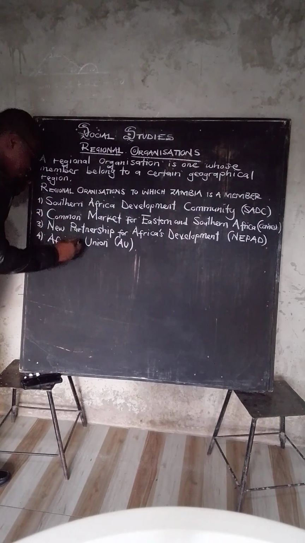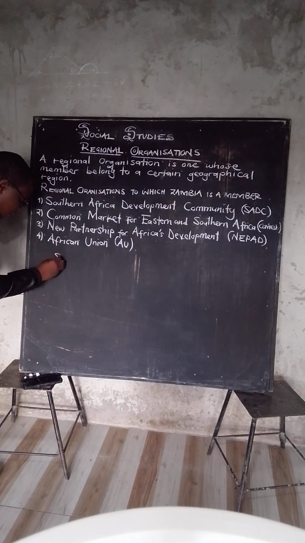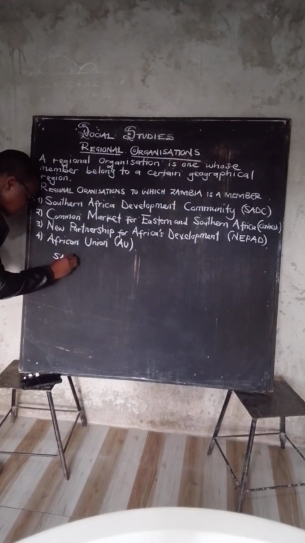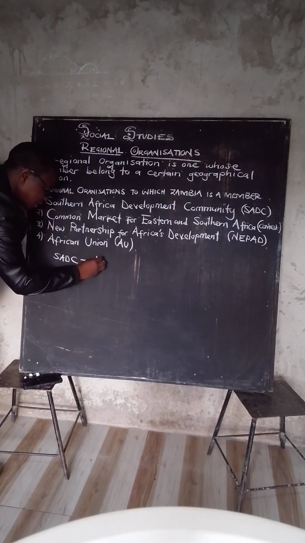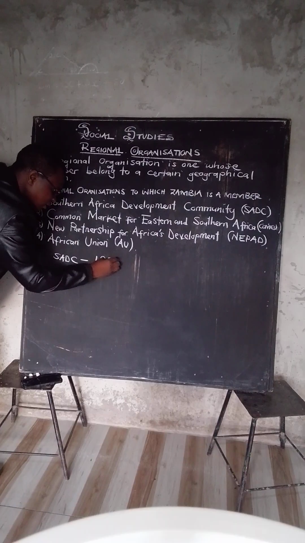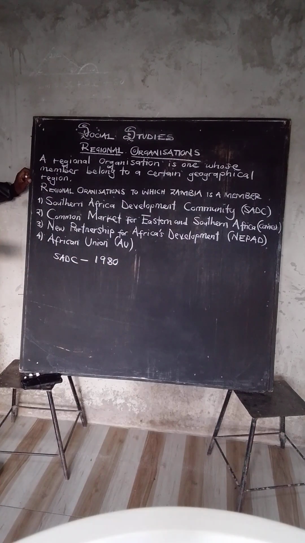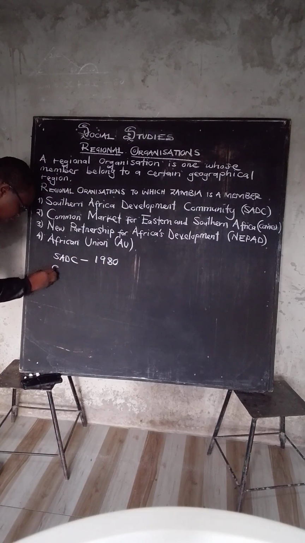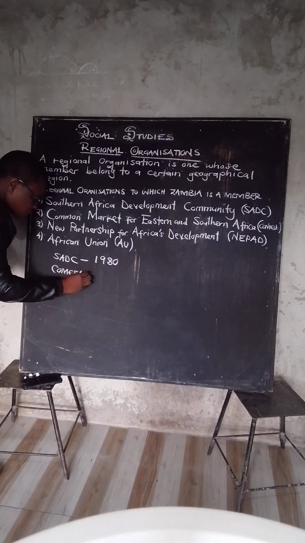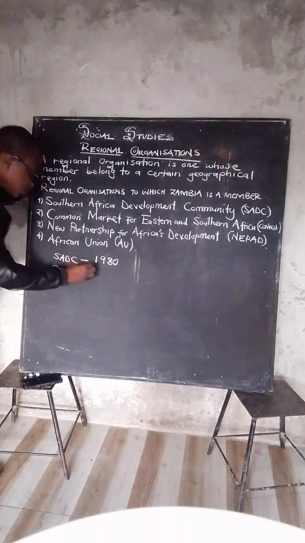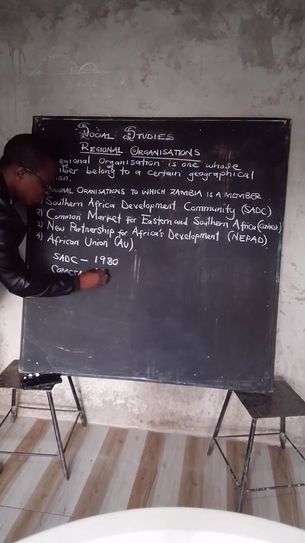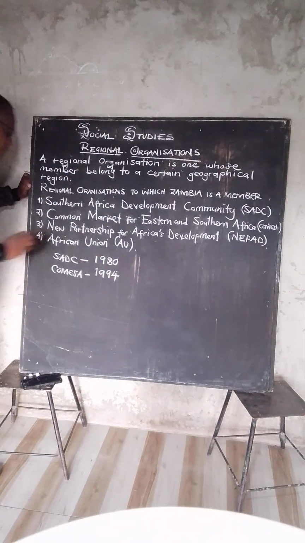Number 1, we have SADC. SADC was formed in 1980. Then we also have COMESA. COMESA was formed in 1994.